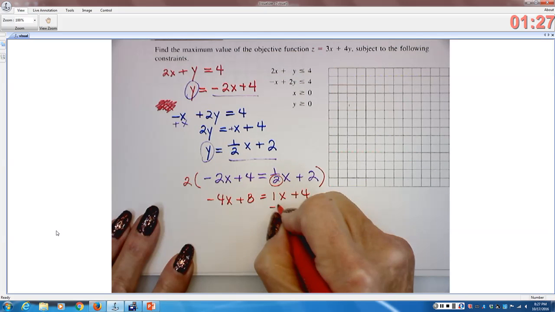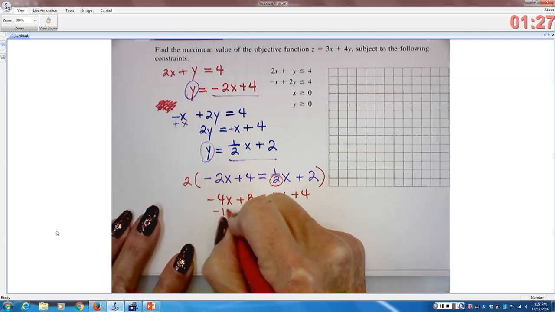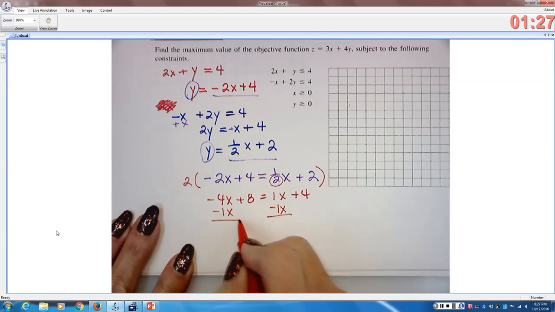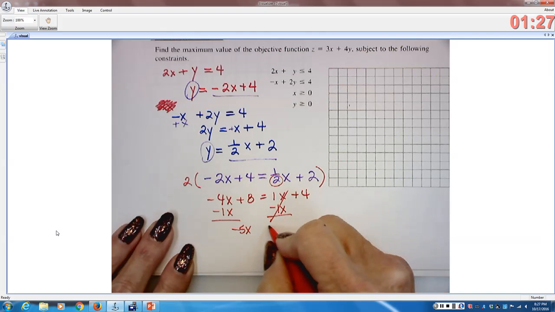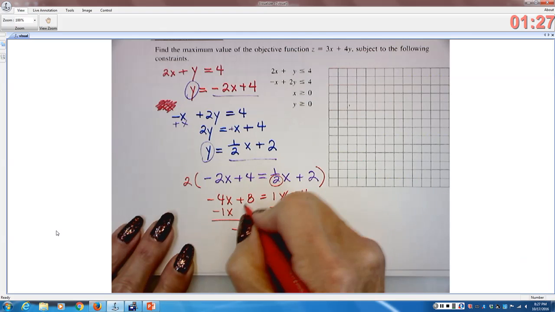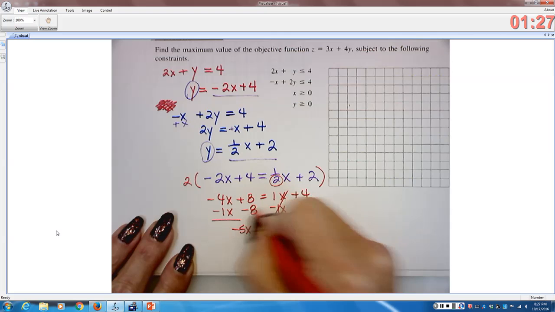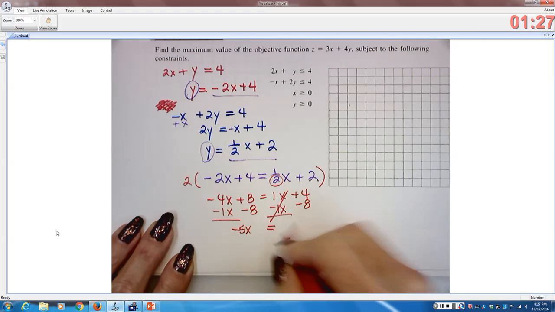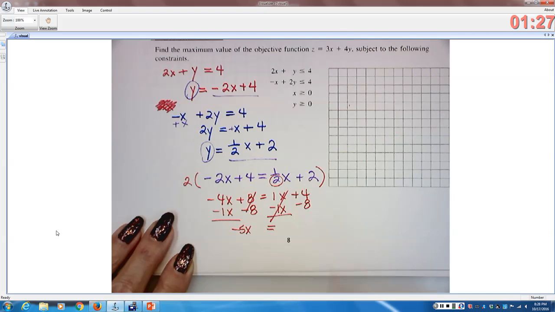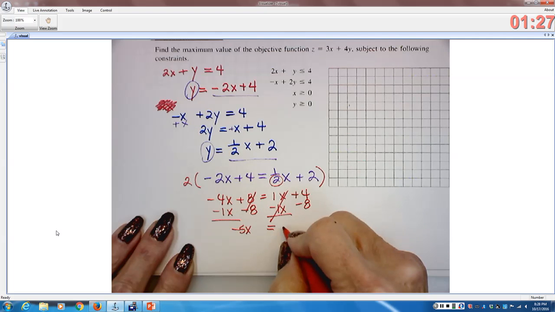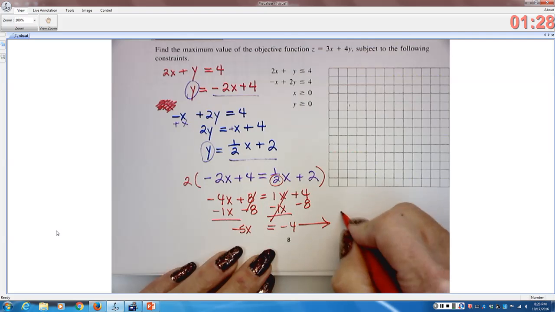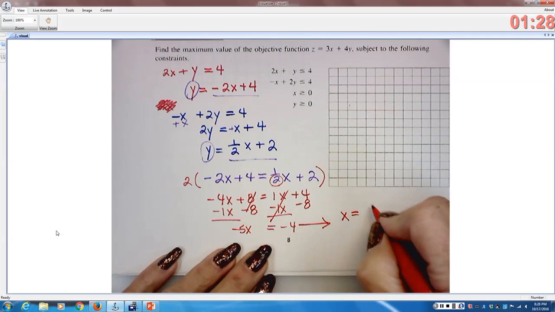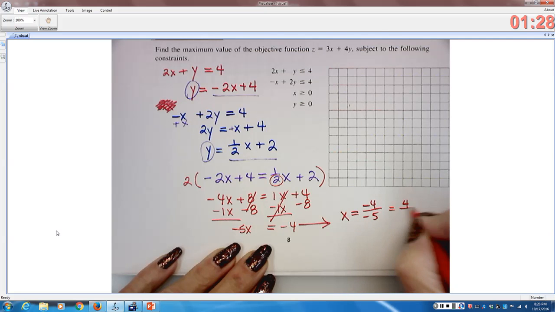So we will subtract 1 from both sides on the x's and have negative 5x is equal to, let's also subtract 8 from both sides, which makes that go away. 4 plus negative 8 is negative 4. And that tells us that x is equal to negative 4 over negative 5, or 4 over 5.